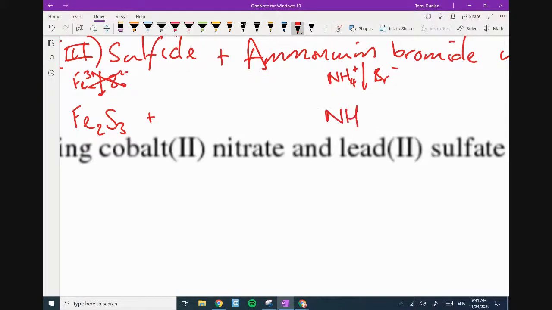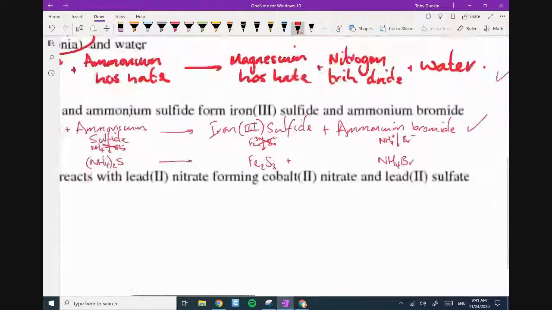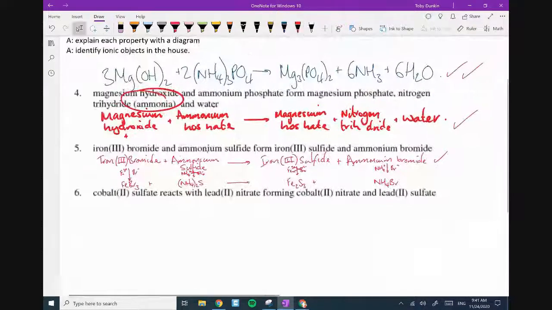Oh, that's nice. It's already done for us. Cool. So you get 1 mark for those formulae.